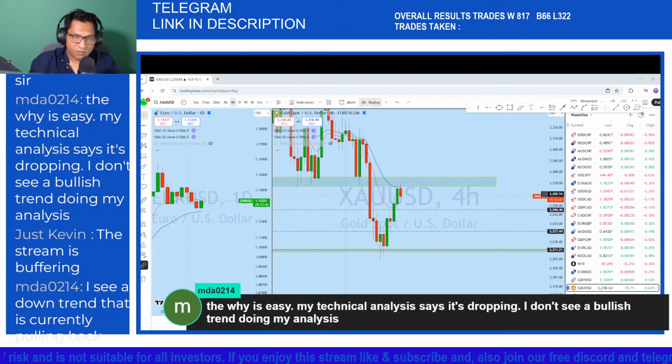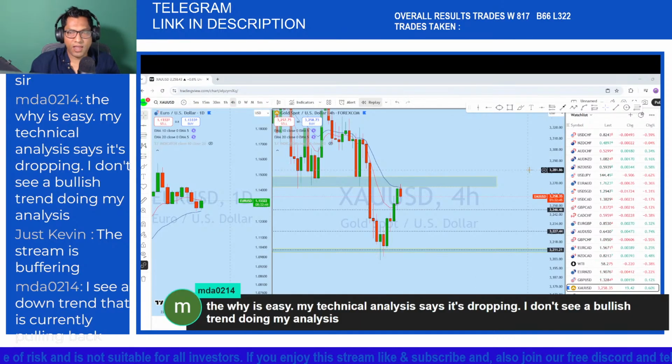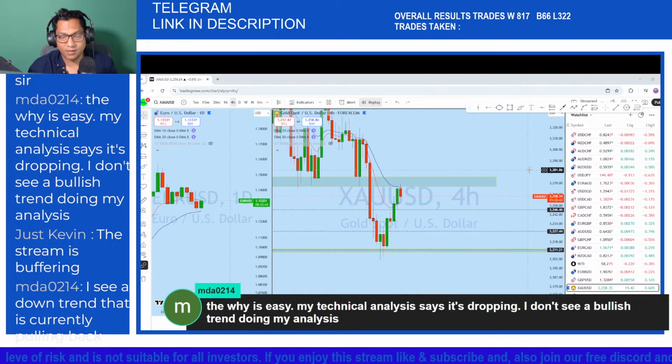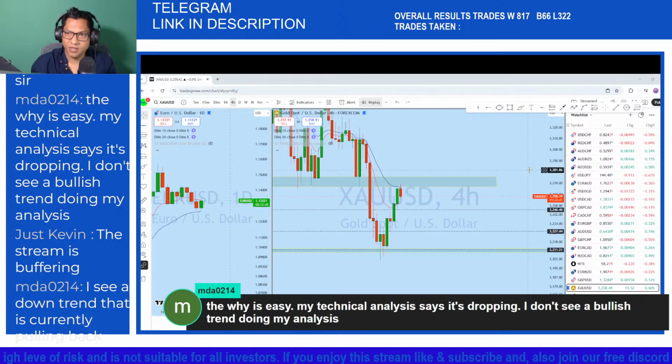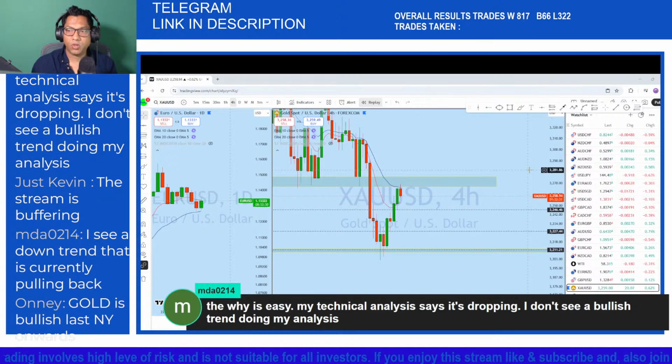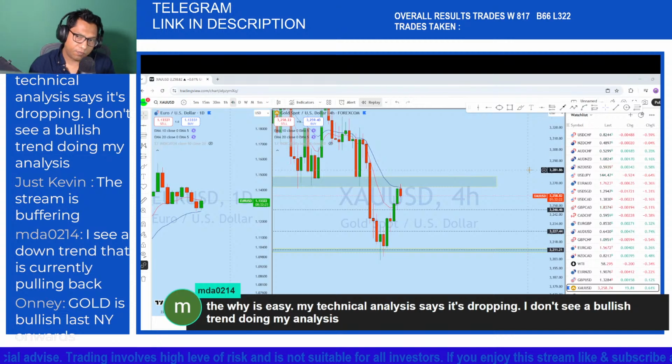In fact, the market will never have all the buyers or all the sellers. Then the market will not exist. In fact, there are always buyers and sellers. Maybe it's a ratio of 60% and 40%, or maybe 55% and 45%. So those who believe that the market will drop are also in the market. Those who believe the market will go up are also in the market.